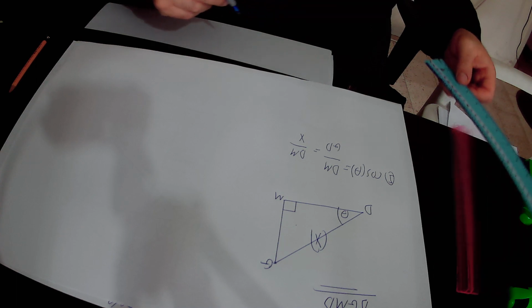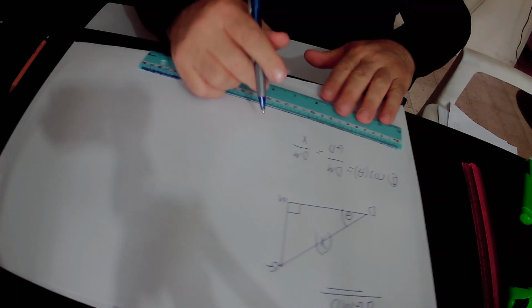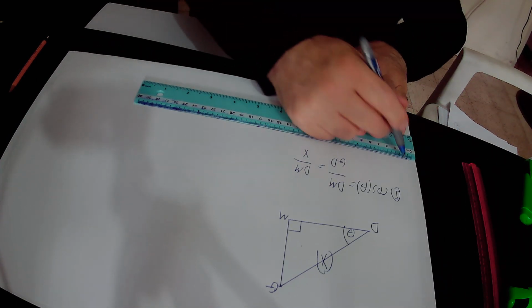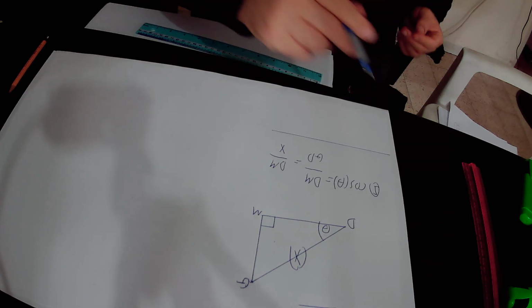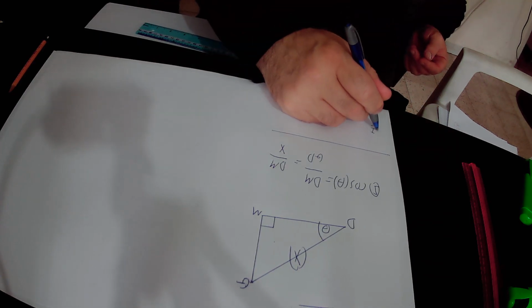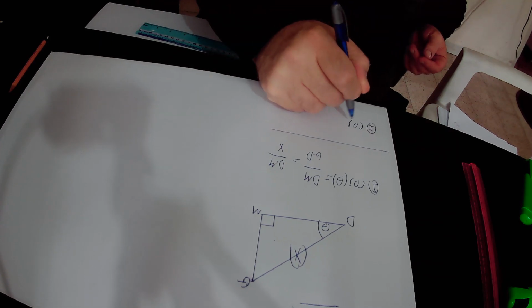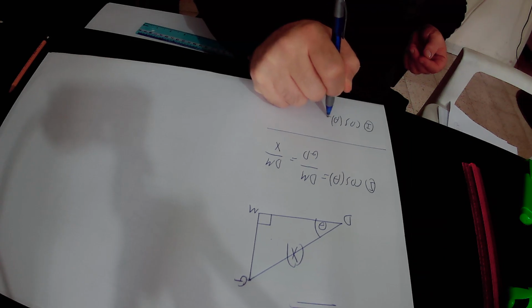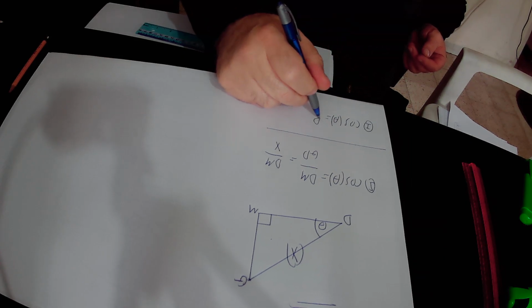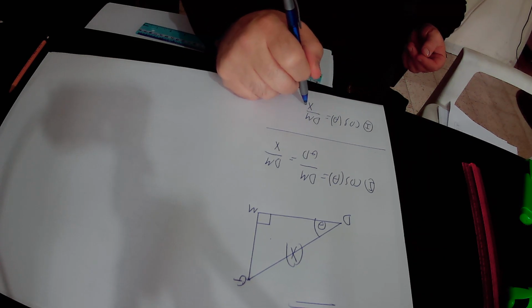So in conclusion, according to equation 1, cosine theta equals DM over x.